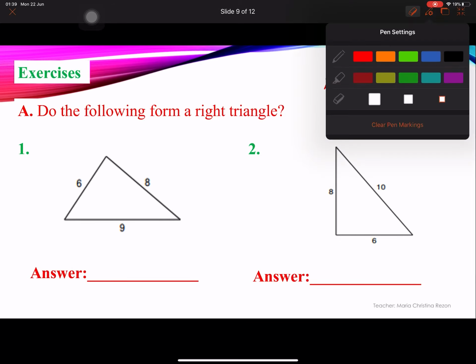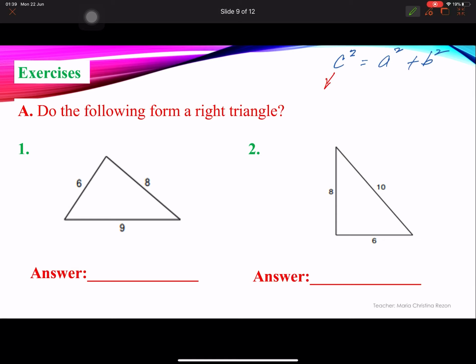We will just use c as the longest side, so that it's easy for you. And then a and b here will be the shorter sides. If you get them equal, then you have a right triangle. If not, then the triangle that is shown here is not a right triangle.